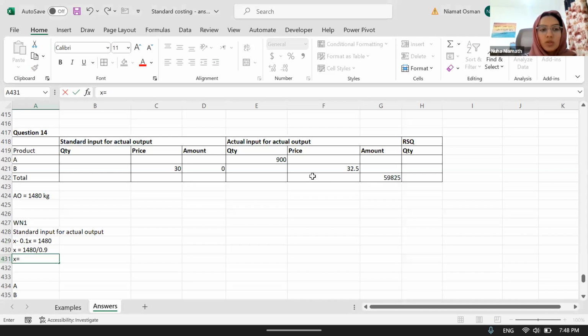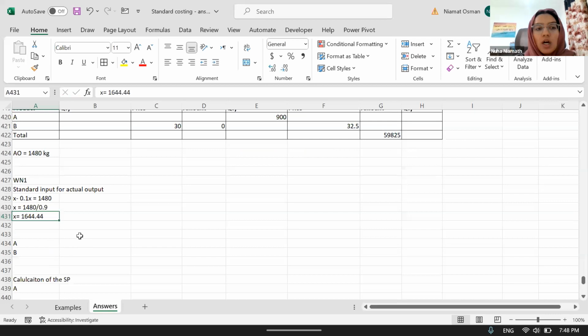So X will be equal to, how much is that coming to? 1644.44. Correct. Thank you. Got it? All clear? We can round this off to, let's say, 1644. Okay, let's keep it like that and then see.